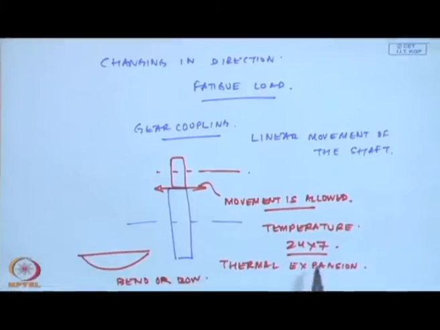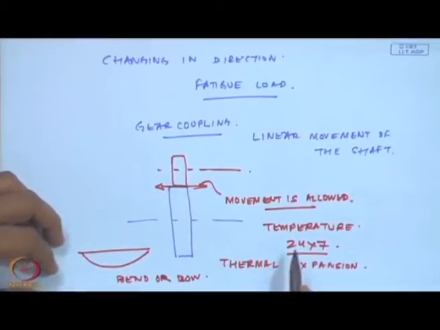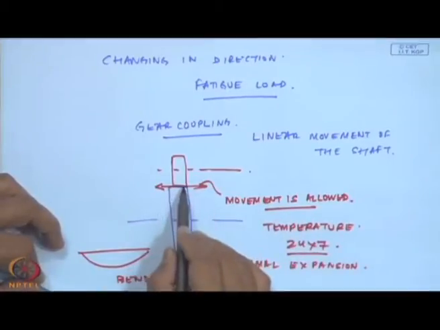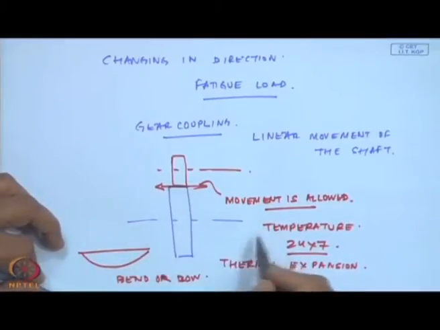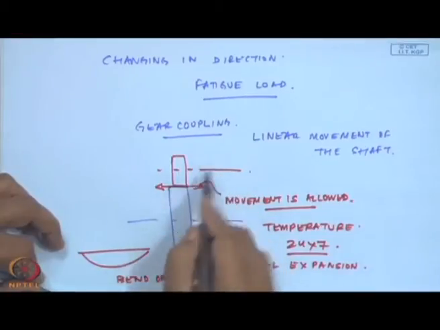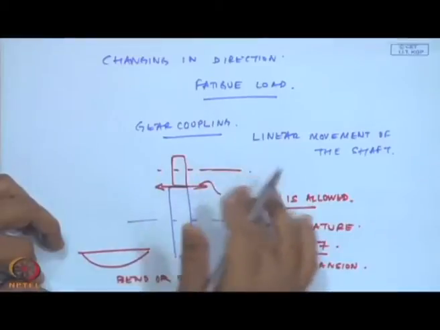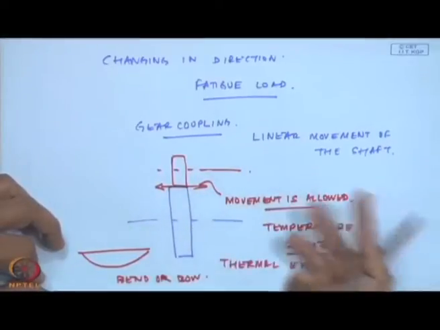So, to allow for such thermal expansions, usually gear couplings are used. Once the thermal expansion happens, they will expand and then slide, and this could be a few mils, very few microns, but nevertheless they take care of this.